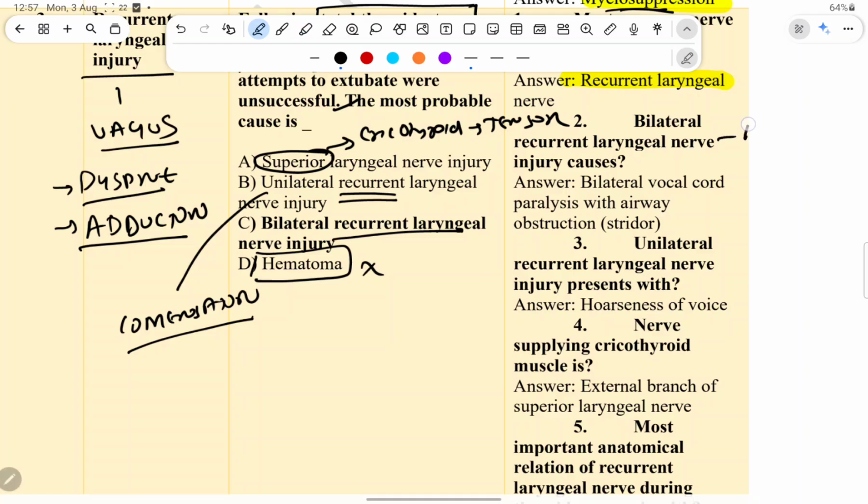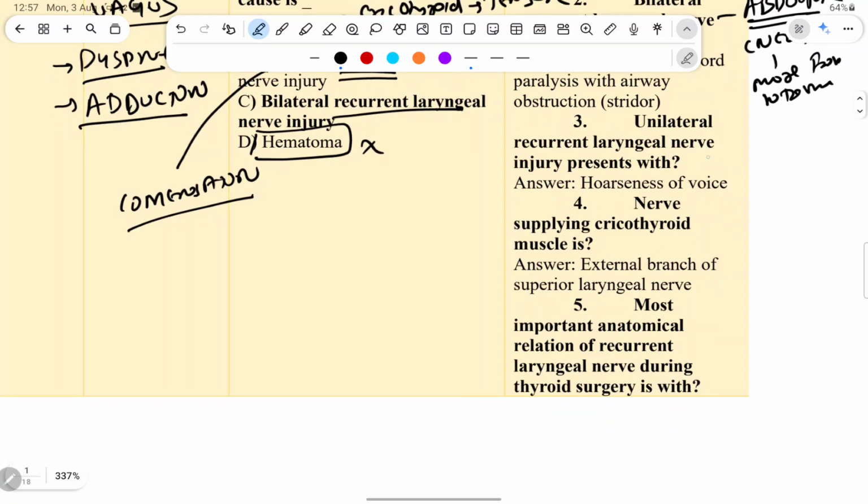Abductors are affected because these are the newer fibers and more prone to trauma. In unilateral recurrent laryngeal palsy, one cord will be in the median and one in the paramedian position, and hoarseness of voice will be there.